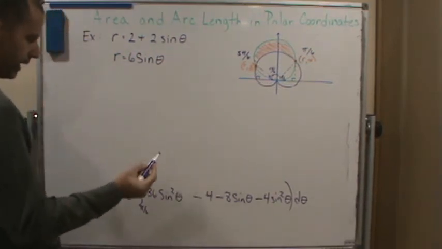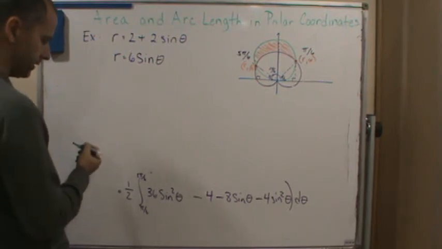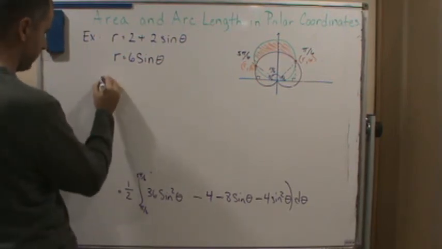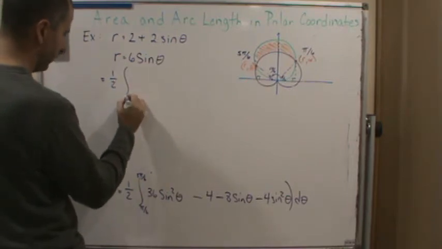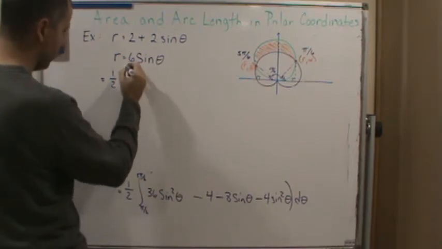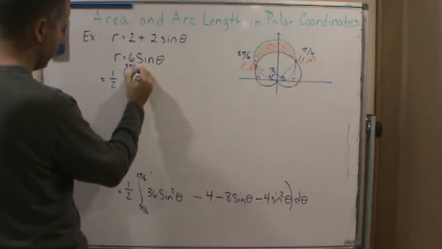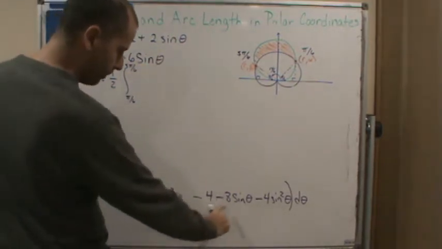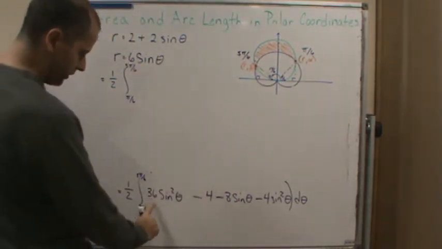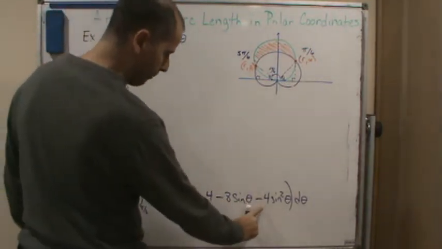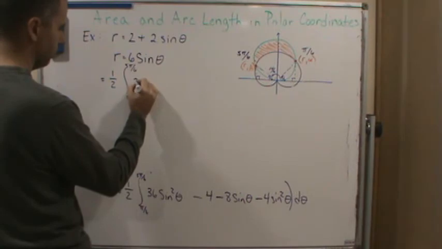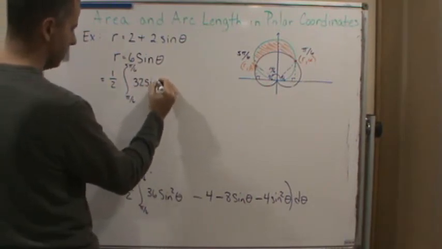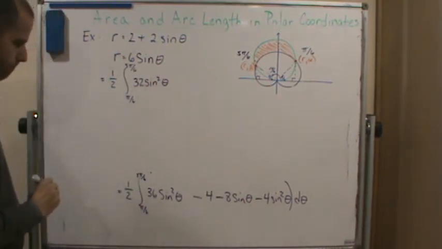So now I'm going to start simplifying this. I'm going to combine like terms and simplify. So this is going to equal 1/2 the integral of pi over 6, 5 pi over 6. So let's combine like terms, simplify things. So this is 36 sine squared theta minus 4 sine squared theta, which gives me 32 sine squared theta.